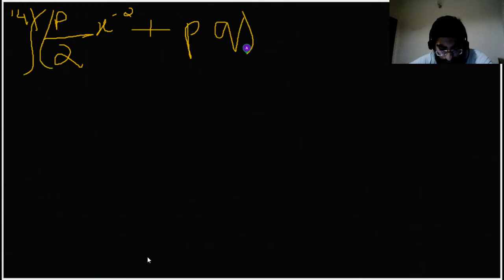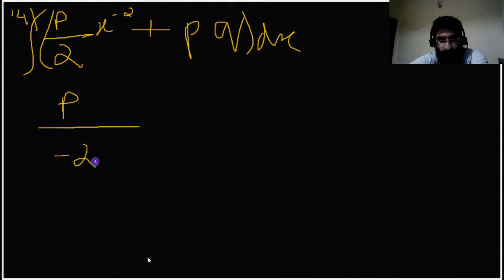Okay. So then P divided by minus 2 plus minus 2x minus 1 plus P q.